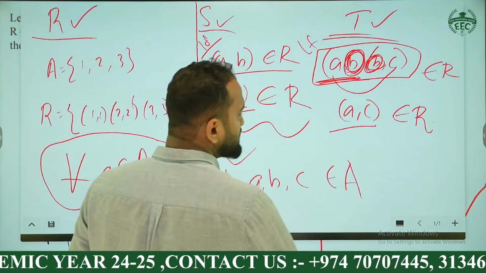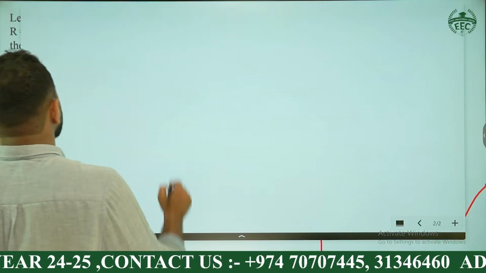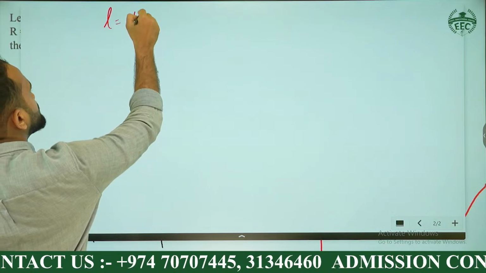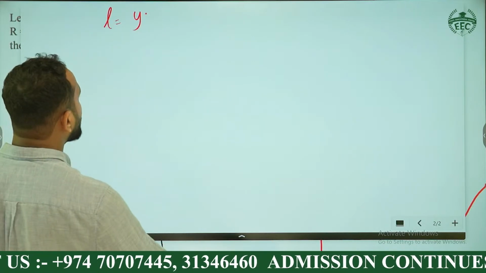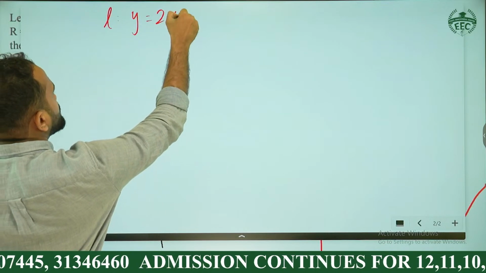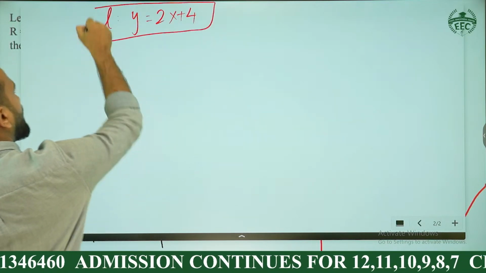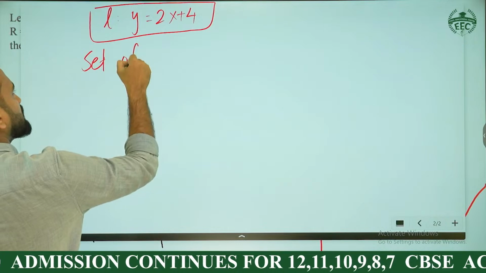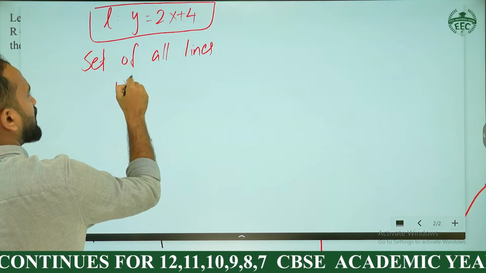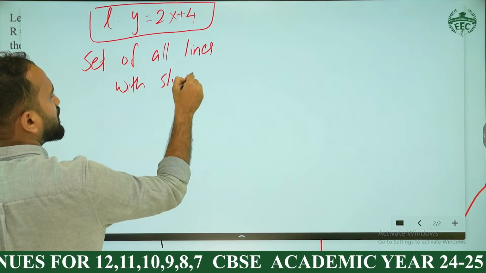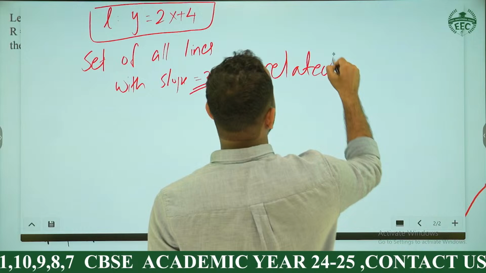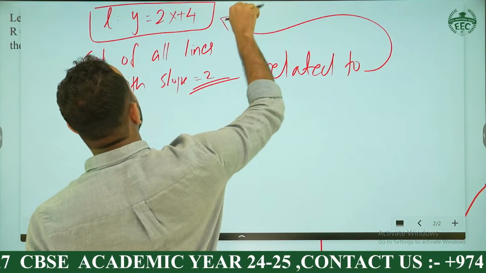Remember, in this case I can define the main line as y is equal to 2x plus 4. The set of all lines with slope 2 will be related to y is equal to 2x plus 4.